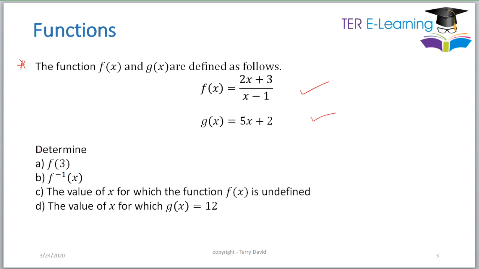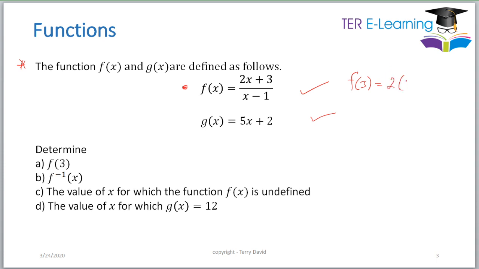I have a few questions here concerning these functions. The first one, we want to find f of 3, right? Like I showed you all last week, if you want to find f of 3, all we need to do is substitute 3 into this equation here. So we substitute x equal to 3 into that function.